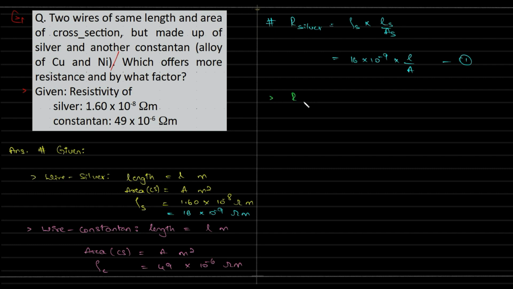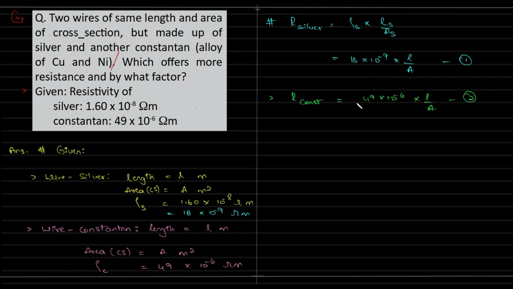Next is constantan, 49 into 10 to the power of minus 6 into L by A. You need not write the formula again, I can directly write it. This is equation 2. If you compare these to see clearly which is less and which is more, is this part more than this, or is it the other way around?